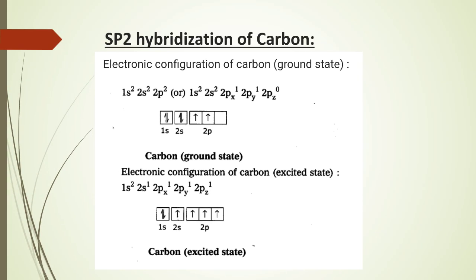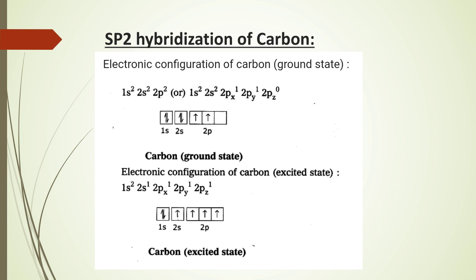Now there are 4 unpaired electrons in the carbon atom in its excited state. Of these, one 2s orbital and 2 of the 2p orbitals interact with each other and form sp2 orbitals.